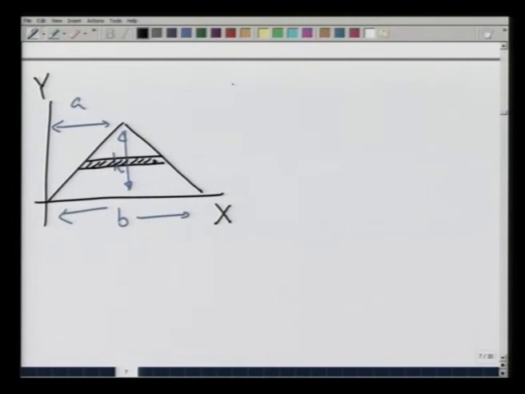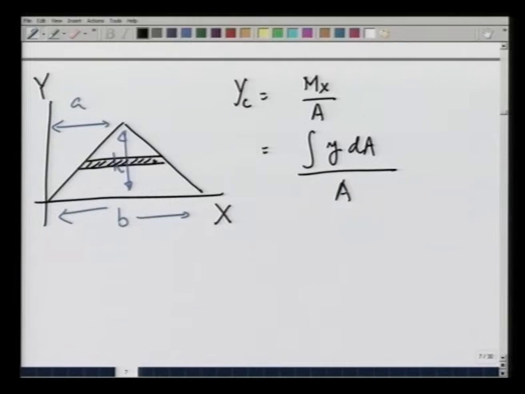Recall that y c is equal to m x divided by the area, which is integration y dA divided by the area. So, at a height y, I take this small strip, multiply by y, and then calculate the area.